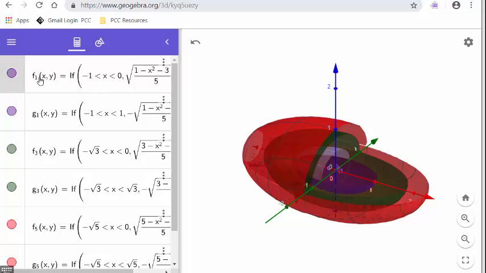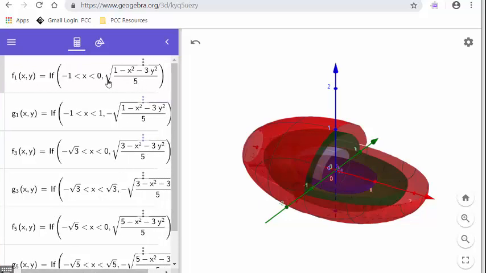I set the w value equal to 1 and then solved for z to get this square root, but when I did so, it ended up being a plus or minus square root when I solved for z. So I need the top half of the ellipsoid and the bottom half separately.